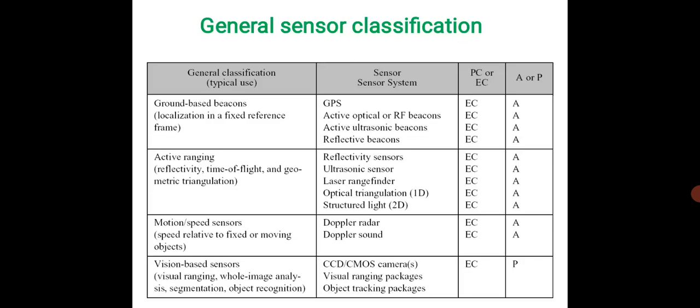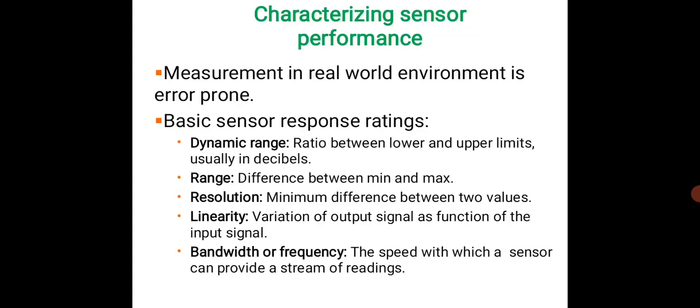You can go through this table. When characterizing any sensor's performance, we know that in any real world environment the measurement is always error prone. So we have various characteristics for sensors. Dynamic range is the span between a lower and an upper limit.